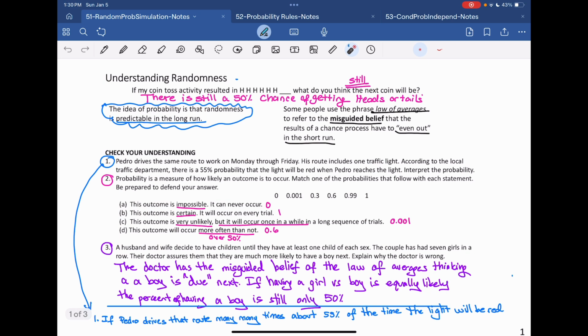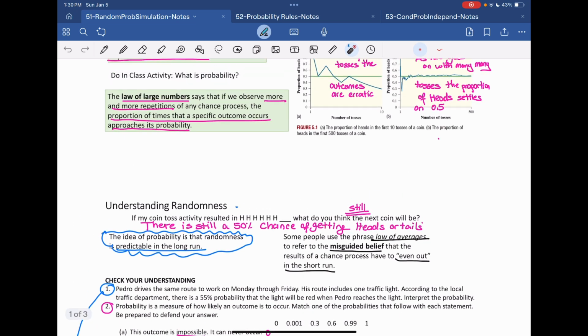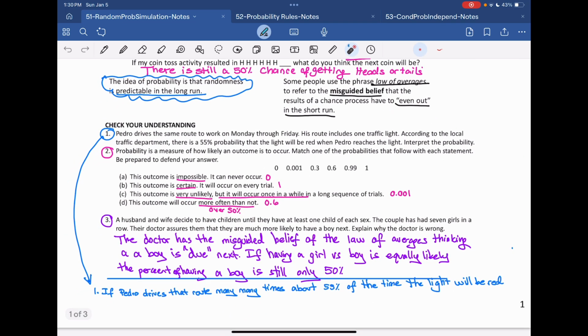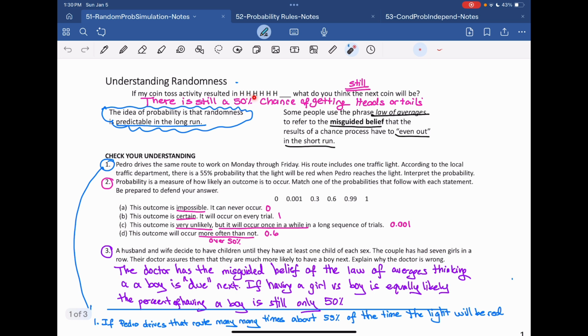And so if we did an activity here with the coin toss, and it resulted in heads, heads, heads, heads, heads, heads, what do you think the next one will be? It's still a 50% chance that it's going to be heads or tails.